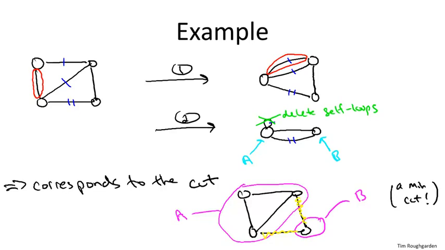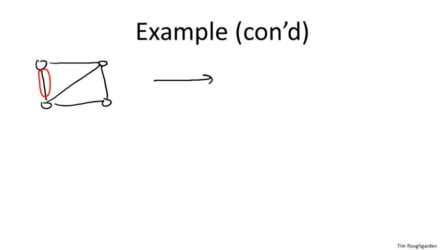Of course, this is a randomized algorithm, and randomized algorithms can behave differently on different executions. So let's look at a second possible execution of the contraction algorithm on this exact same input. Let's even suppose the first iteration goes about in exactly the same way. So in particular, this leftmost edge is going to get chosen in the first iteration. But instead of choosing one of the two parallel edges, let's suppose that we choose the rightmost edge to contract in the second iteration.